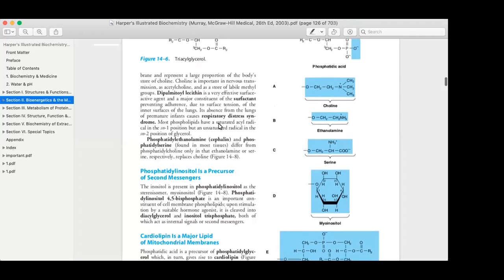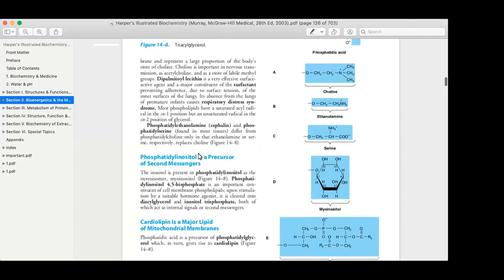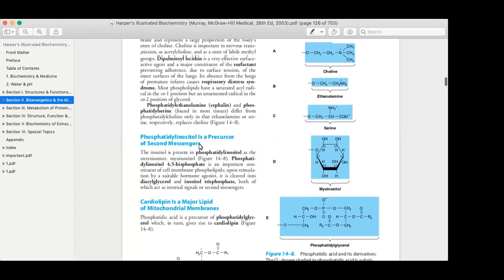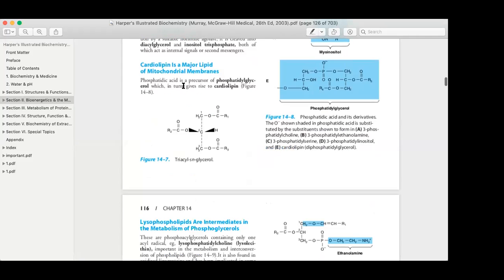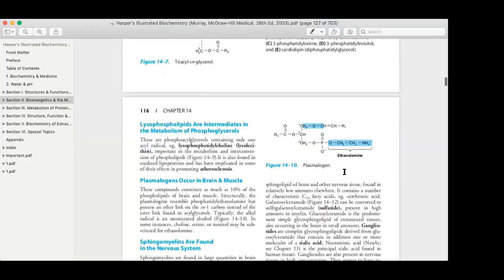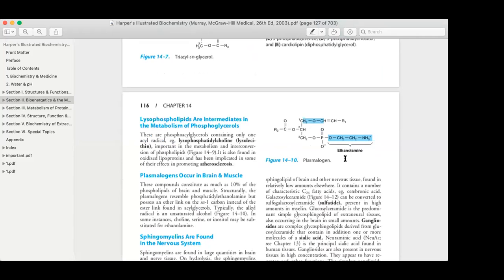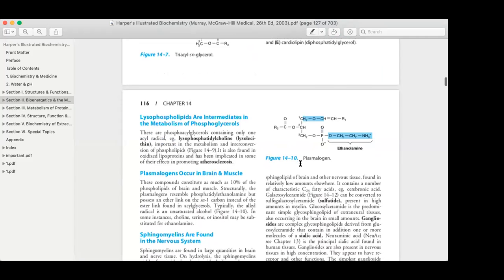Respiratory distress syndrome, this is a clinically important point. This is plasmalogen, in which the X group is ethanolamine. We have discussed it.